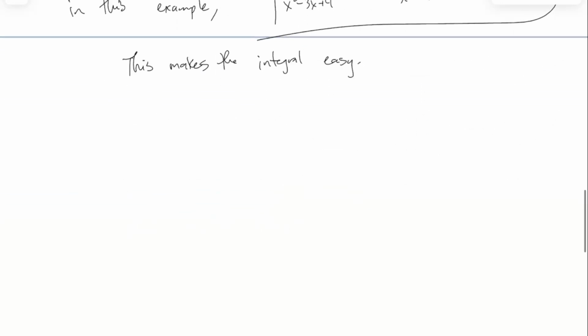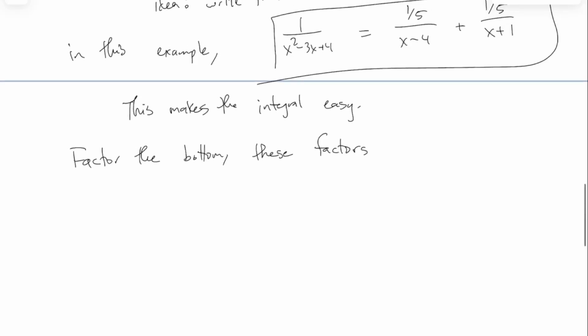So this is the idea here. You factor the bottom, and then these factors become the denominators of these fractions that you're looking for. These factors will be the fraction denominators.